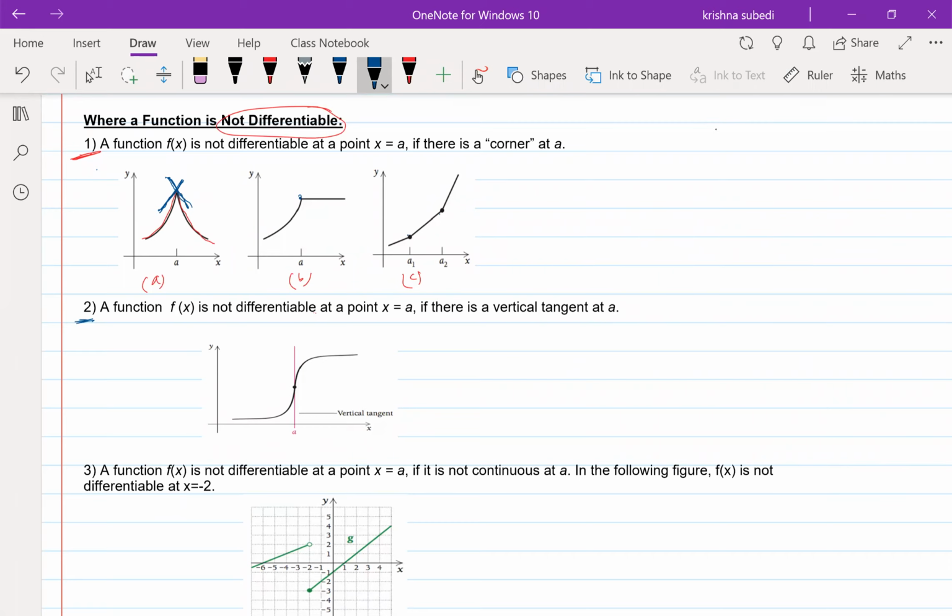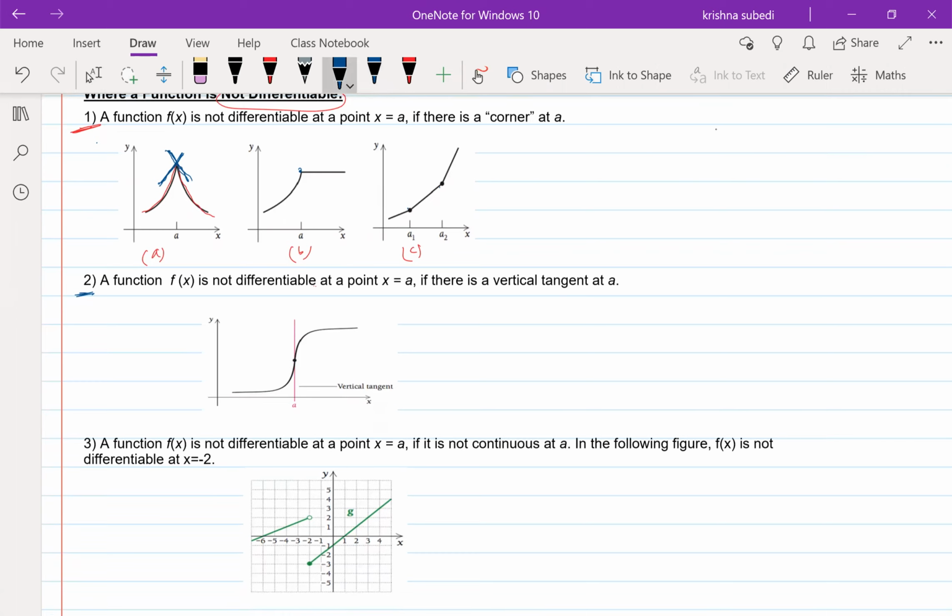Second condition. A function f of x is not differentiable at a point where there is a vertical tangent line. Because you know that the slope of a vertical line is always undefined.